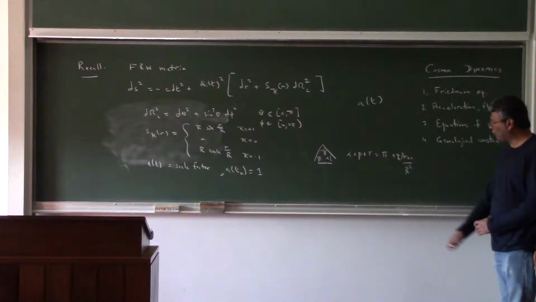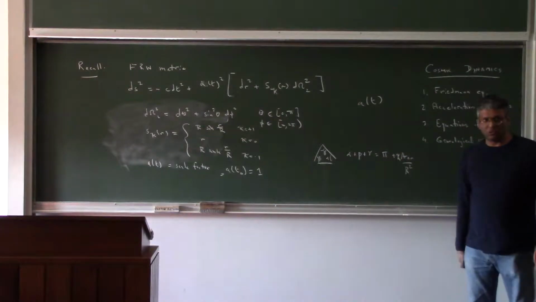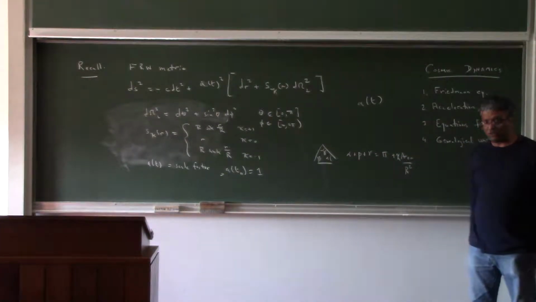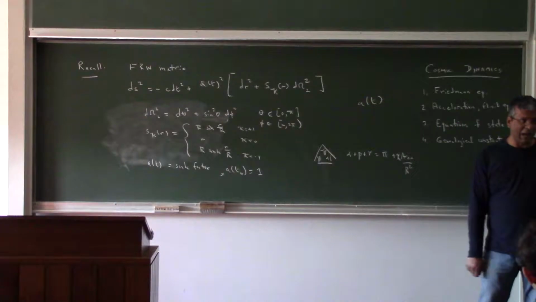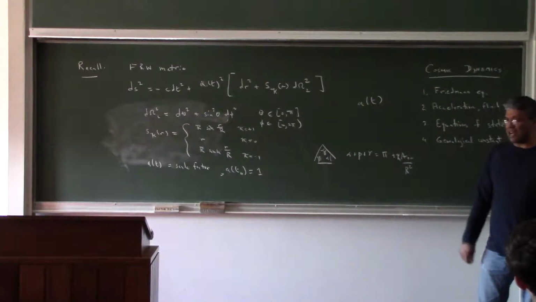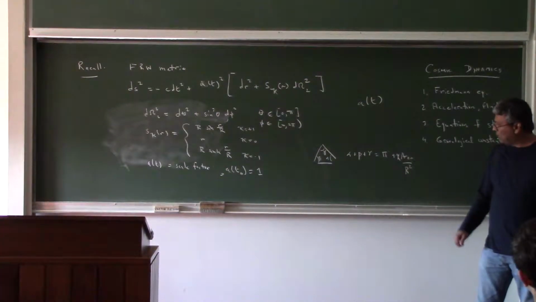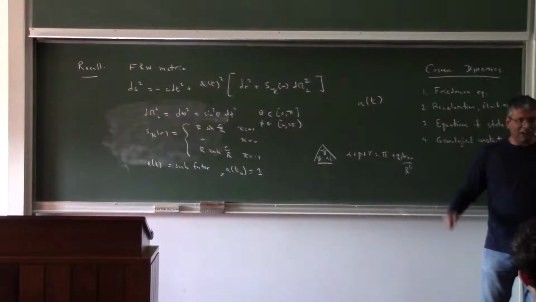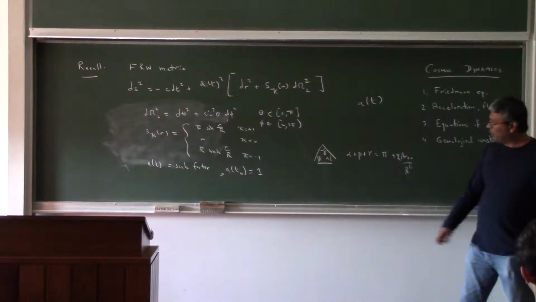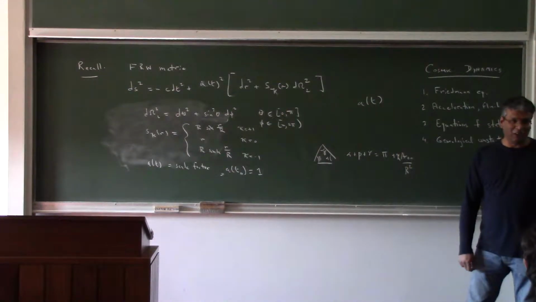So for a negatively curved universe, the sum of the angles is less than pi, and for a positively curved universe, the sum of the angles is bigger than pi. So one thing you can imagine doing is just drawing a triangle, measuring the angles as exactly as you can, summing them up, and seeing whether it's bigger than pi or smaller than pi. That's one way to determine whether the universe is positively curved or negatively curved.